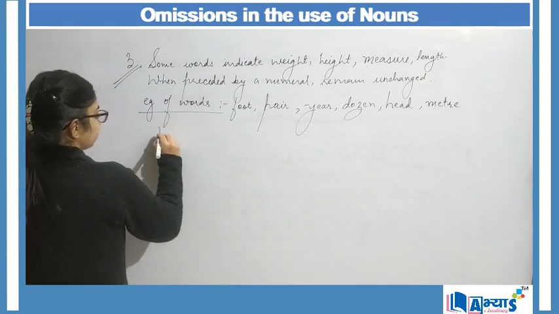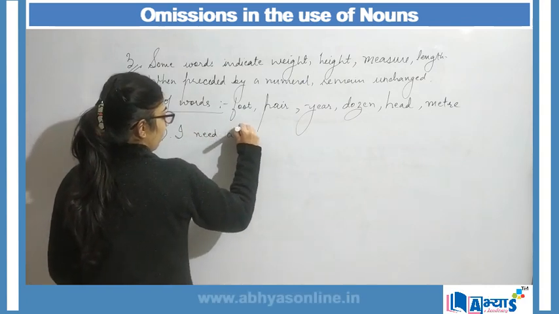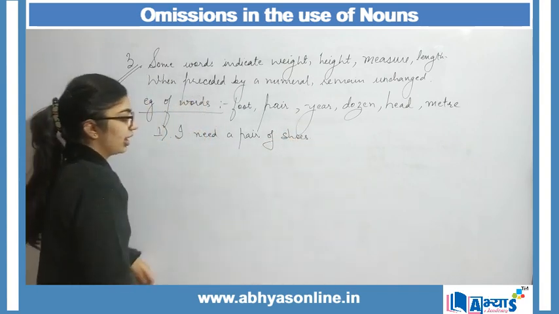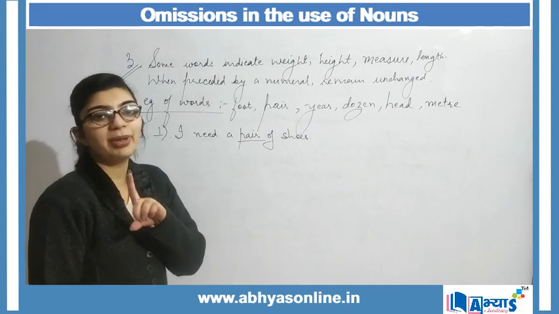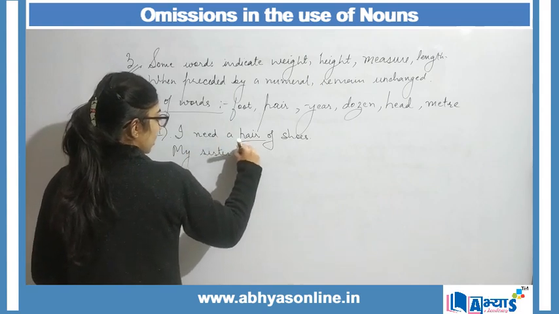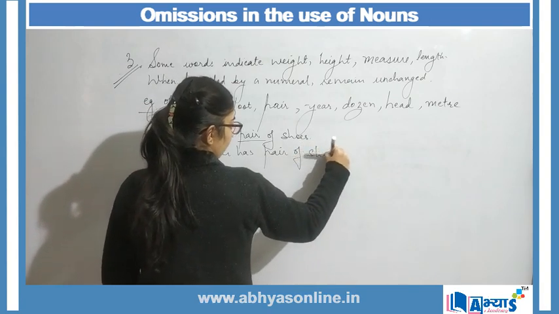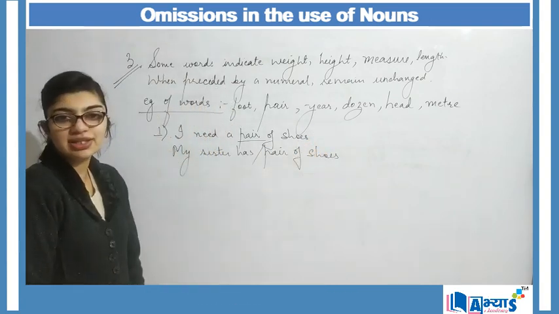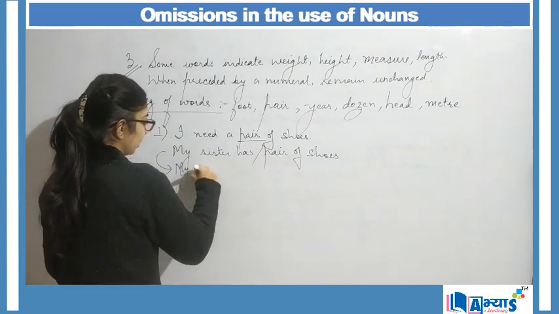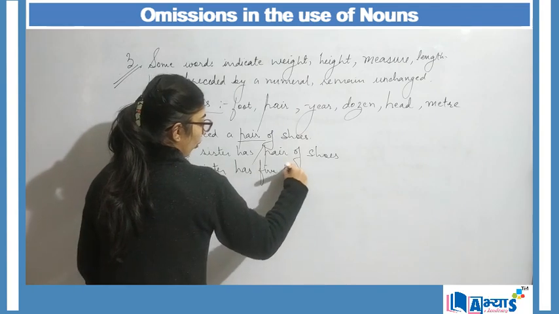Like if I say, I need a pair of shoes. A pair, one pair. I say, my sister has pair of shoes. Now if I say here there is an omission, this can be reconsidered as my sister has 5 pair of shoes.